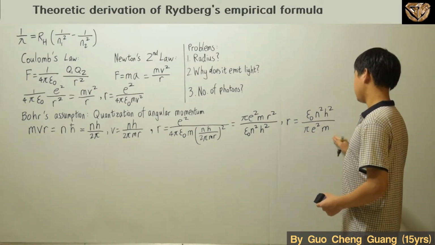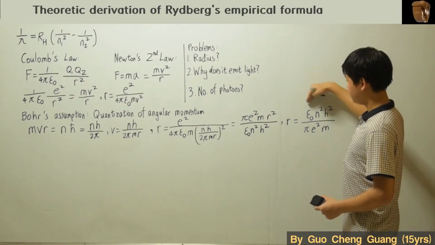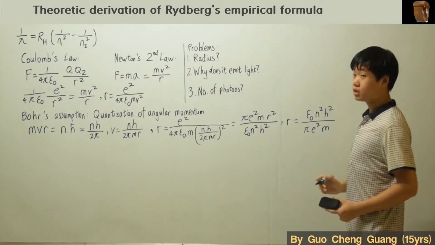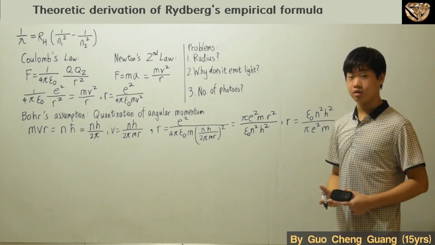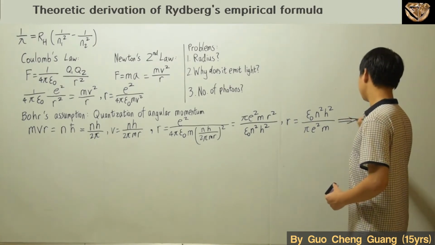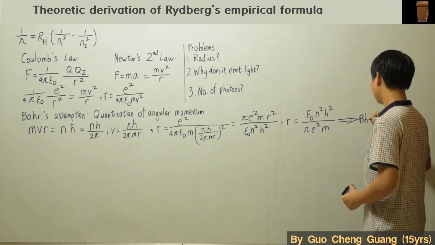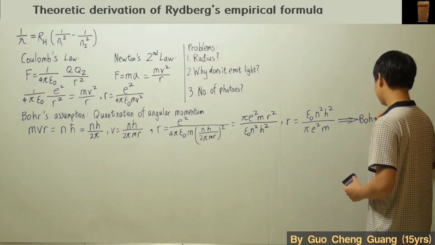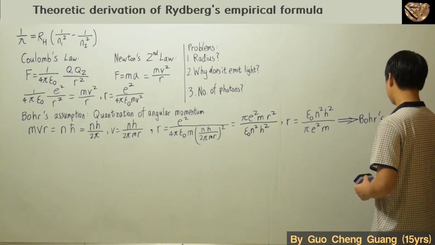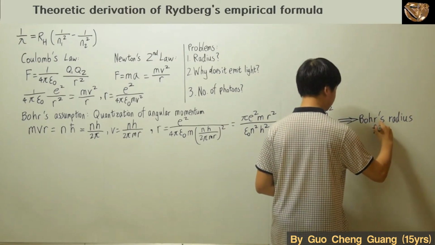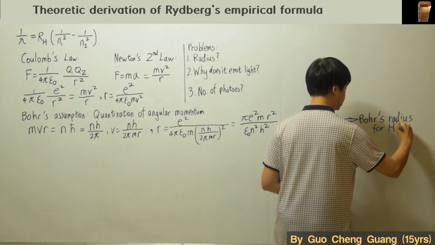Of course, the entire denominator is a constant, your permittivity is a constant, n depends on the shell, and of course, Planck's constant is definitely a constant. That means you can find Bohr's radius for the hydrogen atom.